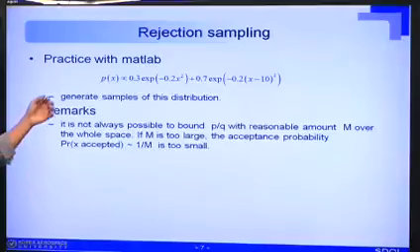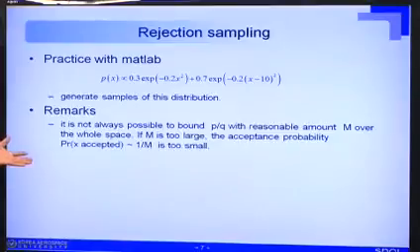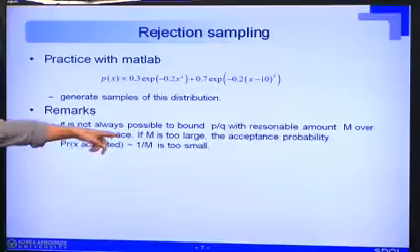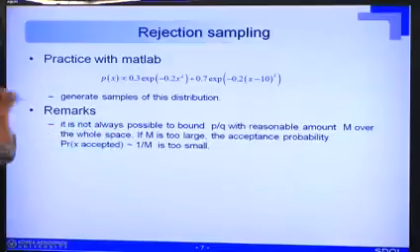But in reality, it is not that easy. So for that reason, it is not always possible to find the qx and find M sufficient to bound the px in the entire region. So that is kind of a drawback of this method.